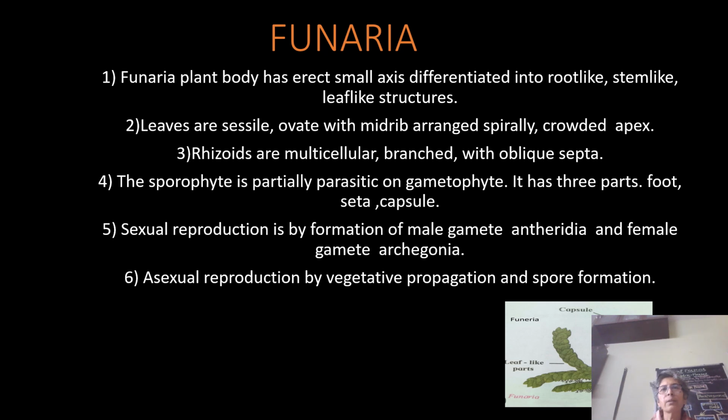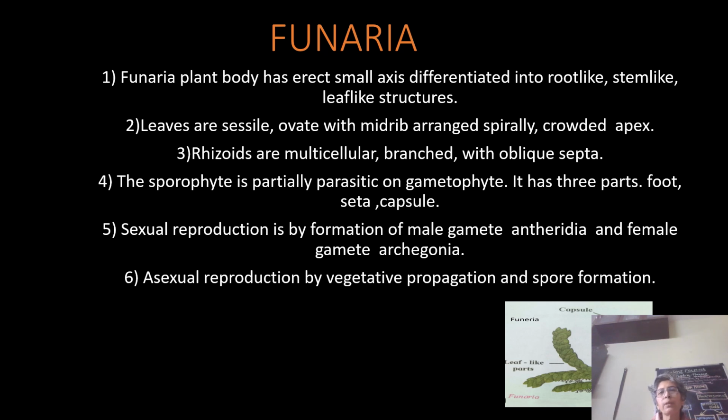Leaves are sessile, ovate with midrib, arranged spirally, crowded at apex. Rhizoids are multicellular, branched with oblique septa. The sporophyte is partially parasitic on gametophyte. It has three parts: foot, seta, and capsule.